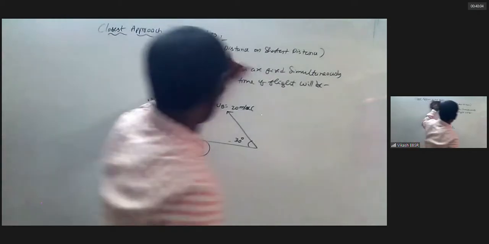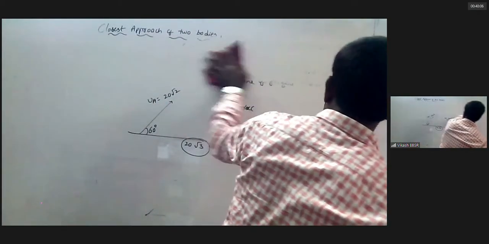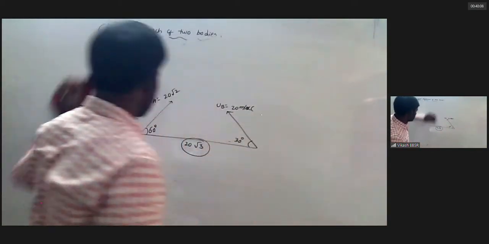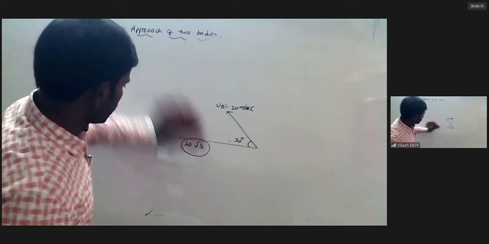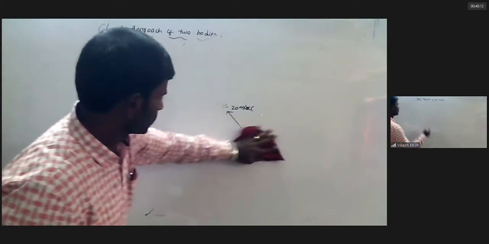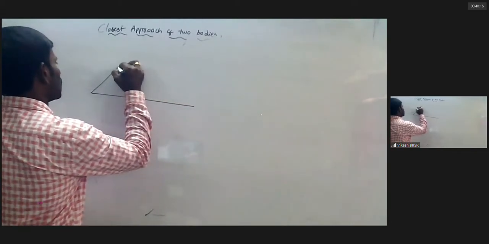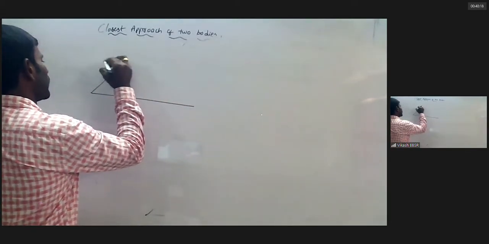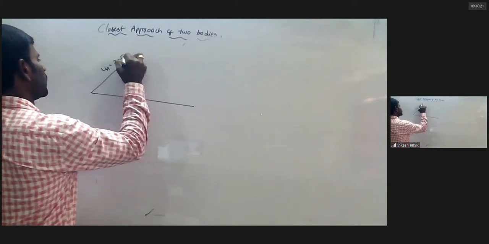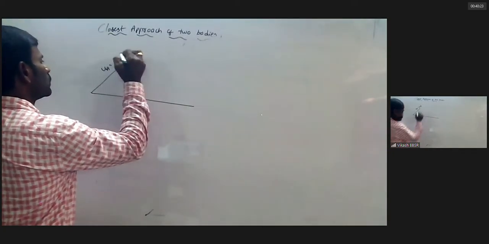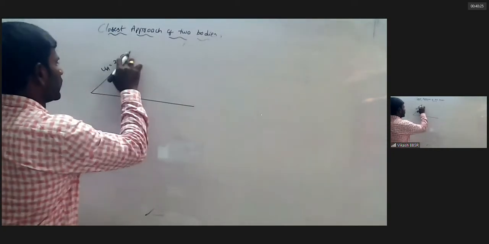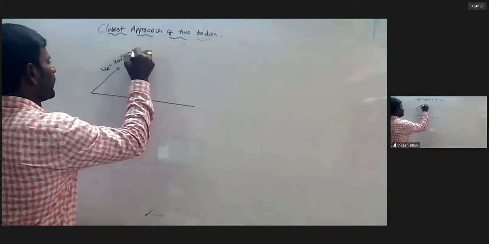Listen, all concentrate on the board only. UA equal to 20 root 3 meter per second.